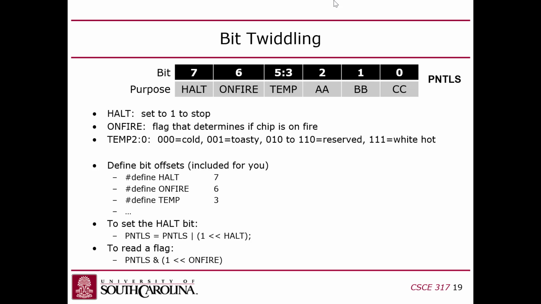So one way to do it would be to AND it with the shift, like you do here. And then you could invert this. You can complement this with the tilde.